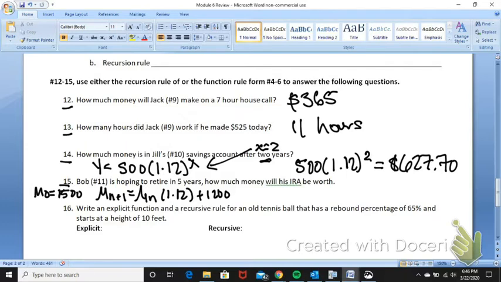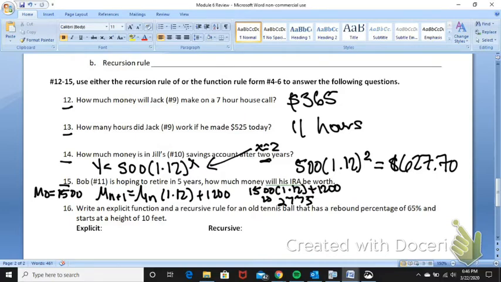So the first time that you plug it in, after one of these, we get 2,775.